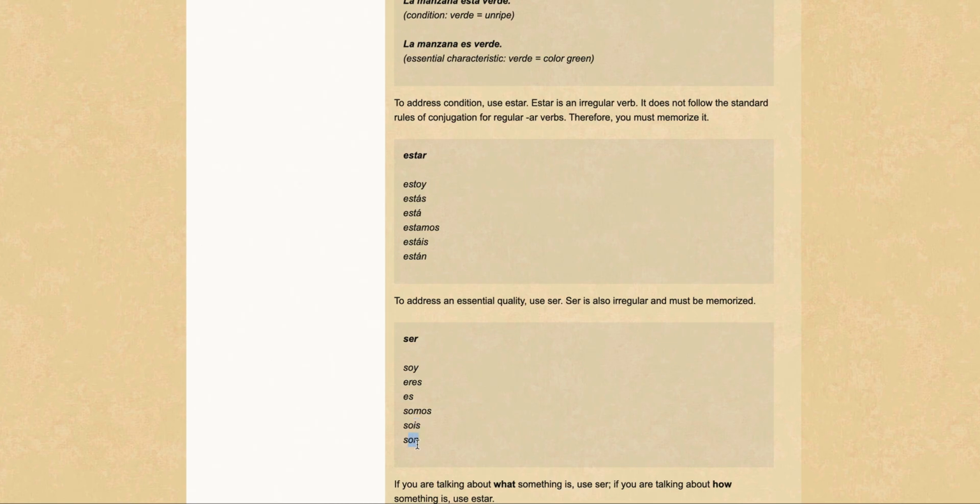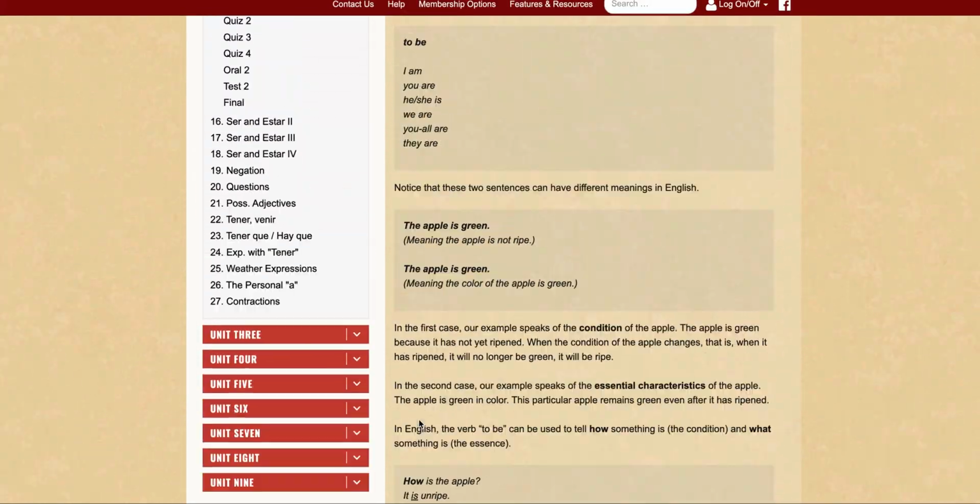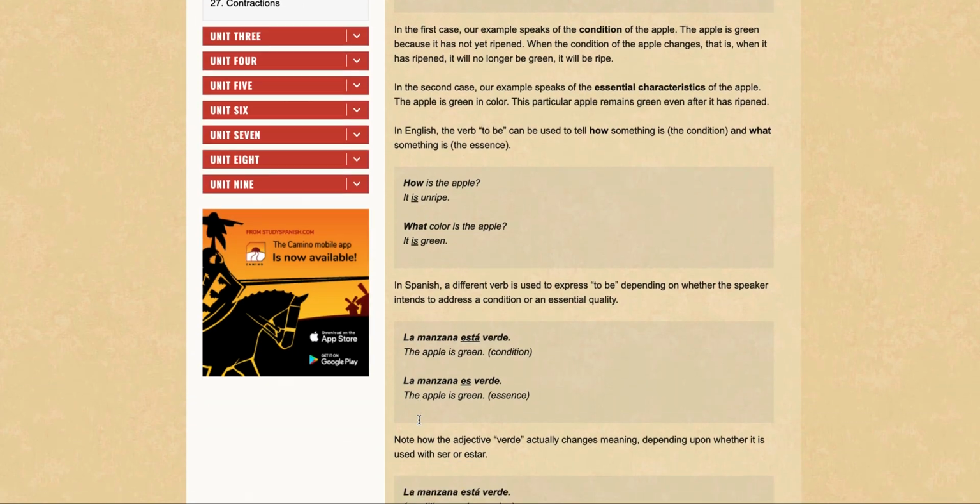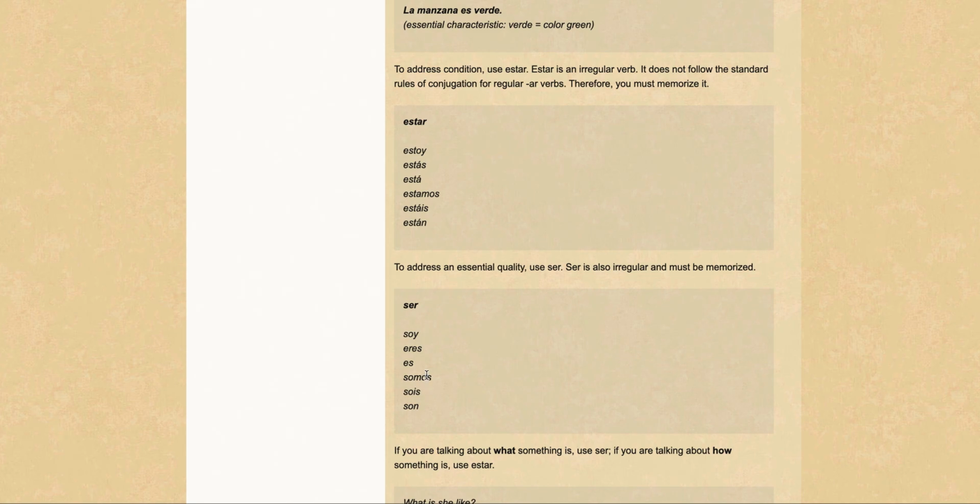So think about what the common additions are between the two verbs, so to speak. Here we're adding is, here also we're adding is, right? So this is for you all. And then we are adding at least the last three letters, mos, for we.